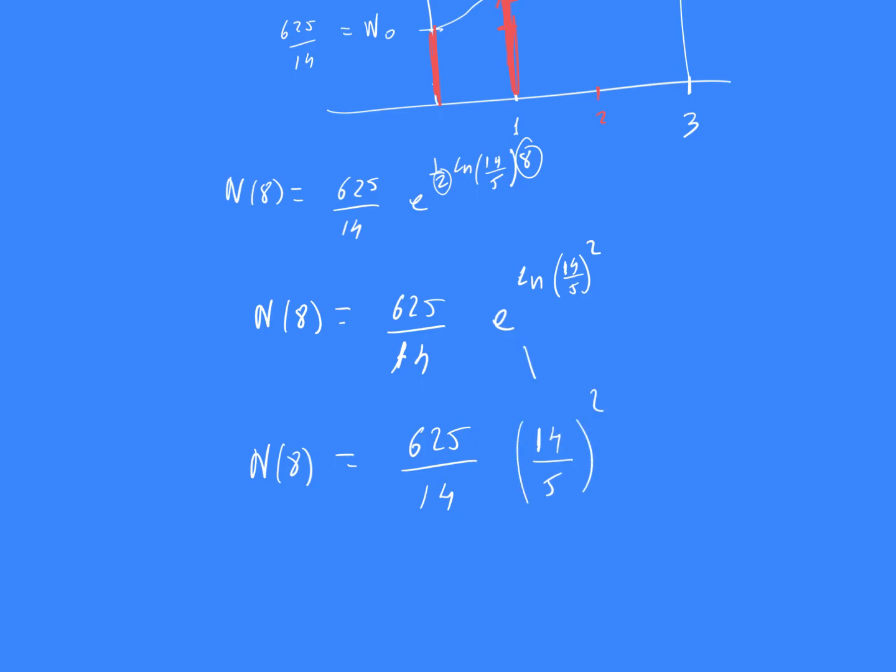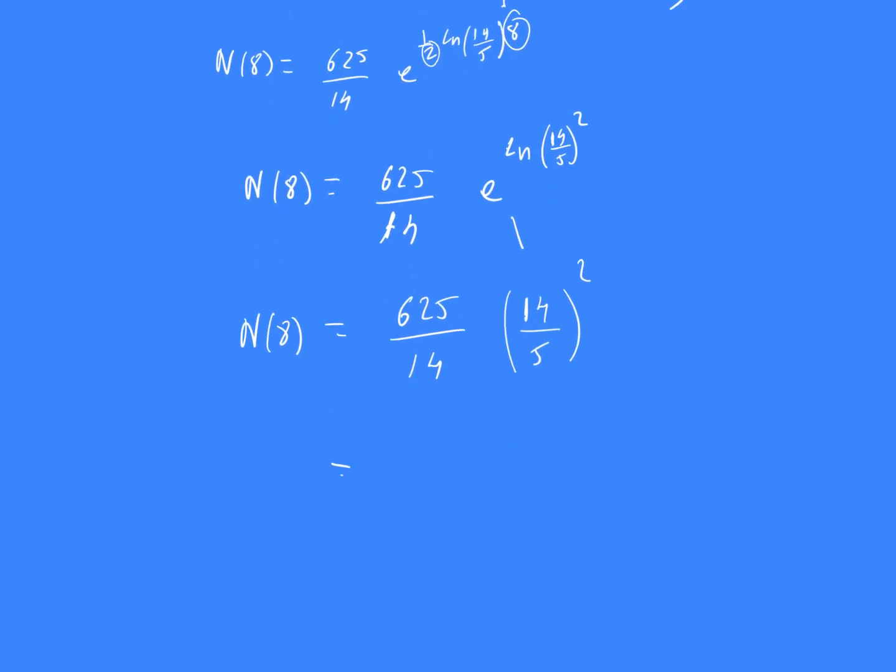And now this 14 square, 625 multiplied by 14 divided by 5, because one 14 will go with this 14. And now is the moment to use the calculator. So 125 divided by 5 is 100.